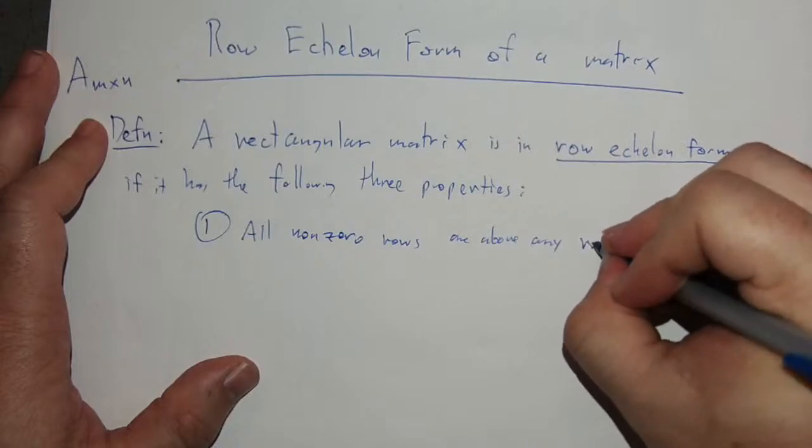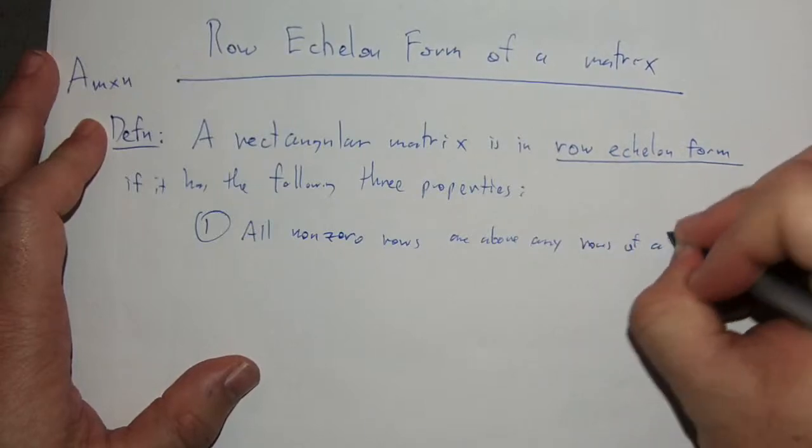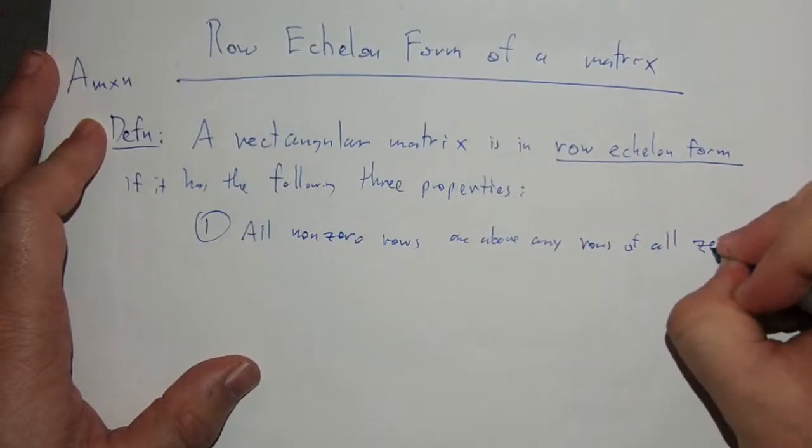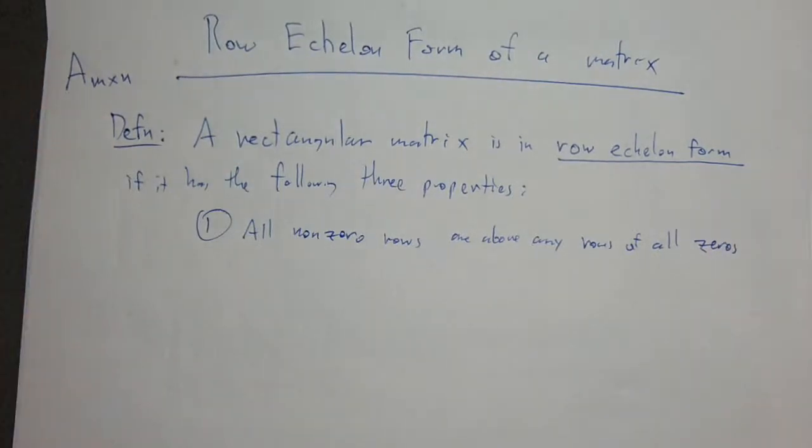Of course, this is really easy to fix, because if you are in a situation that violates this, you can just easily row swap your way out of that. So this one is kind of the easiest to fix.